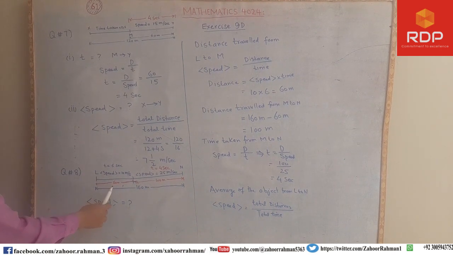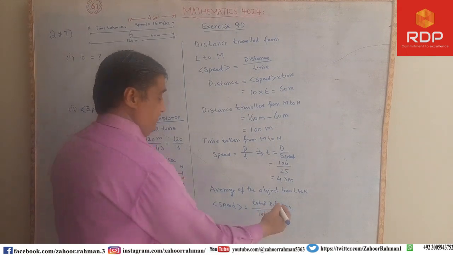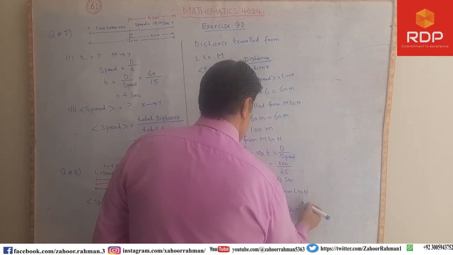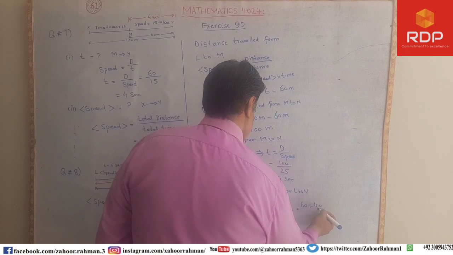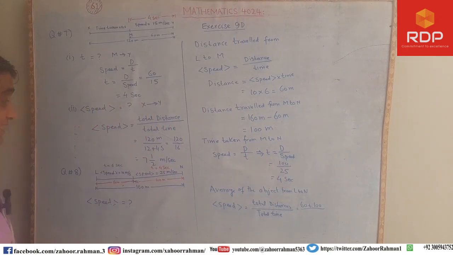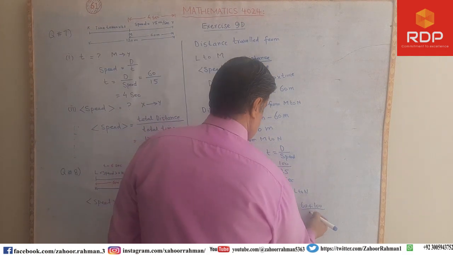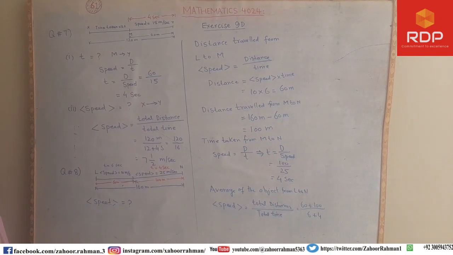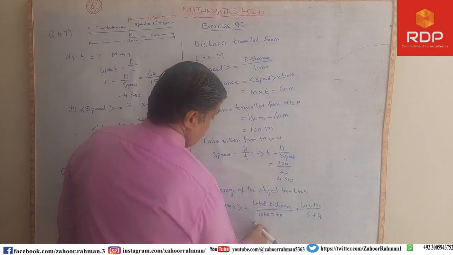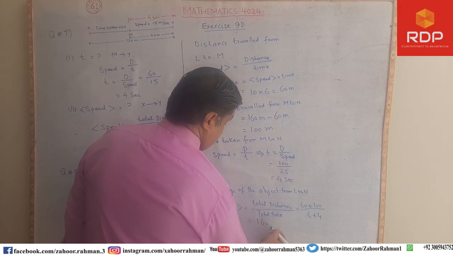Now 60 plus 100, and total time is 6 plus 4 seconds. So we have 160 divided by 10.